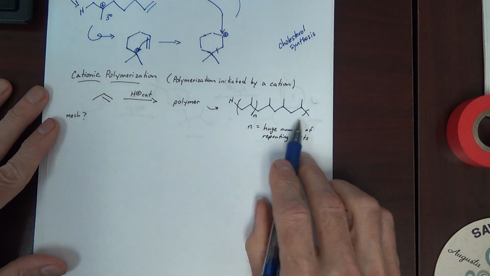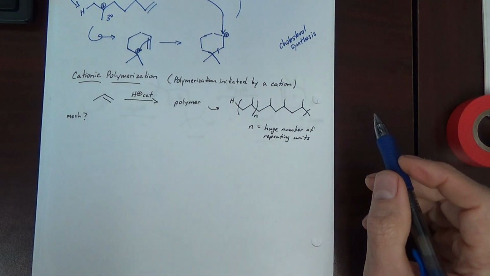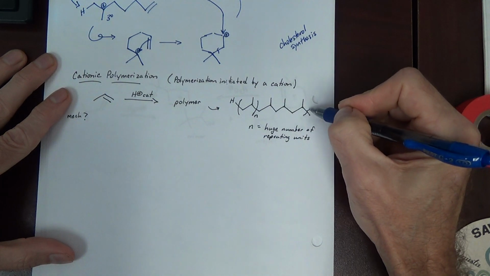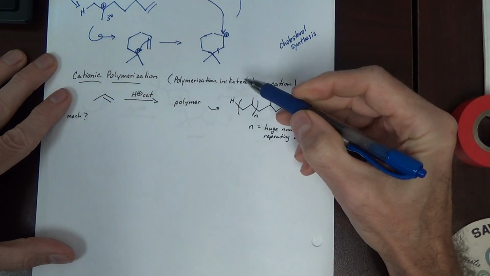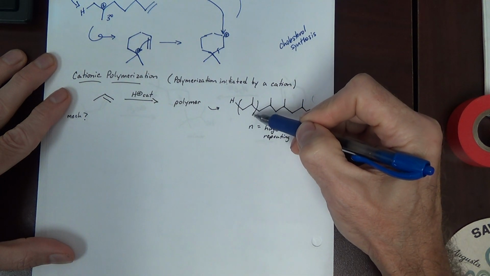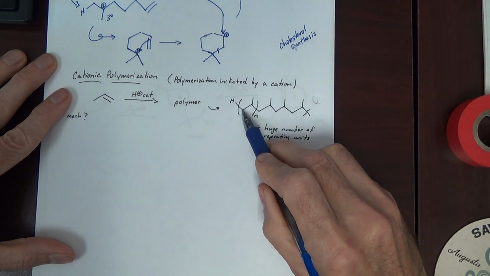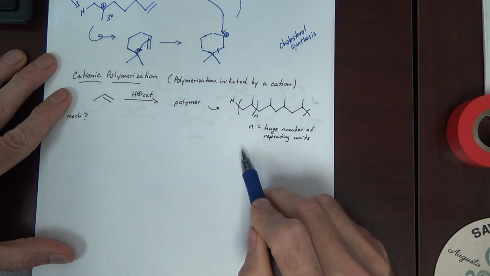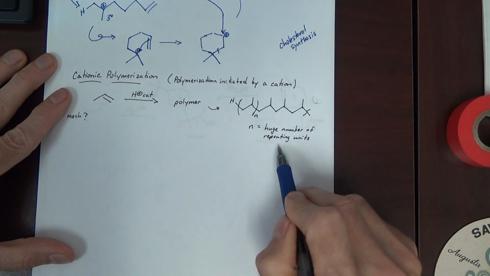Millions, billions, gazillions. And that's what a polymer is. We can show some length of it and then just cut it off. But more commonly, we just show the repeating unit within parentheses, CH2 carbon methyl, and then just show an N. And the N is generic for some huge number.